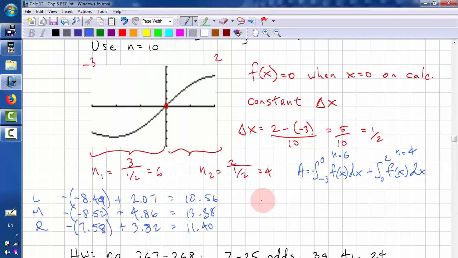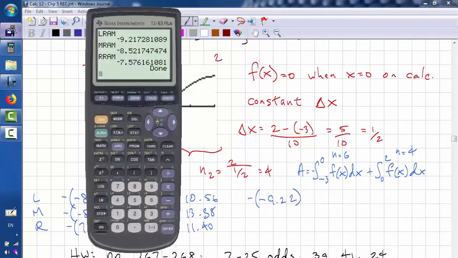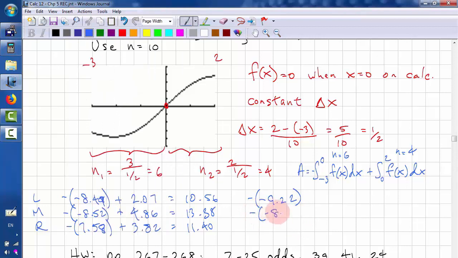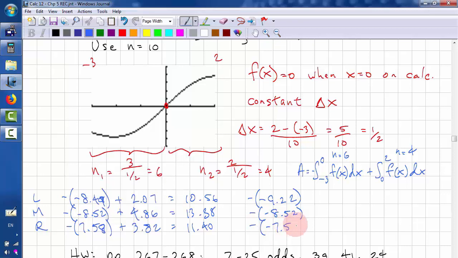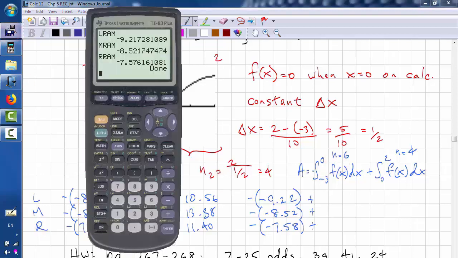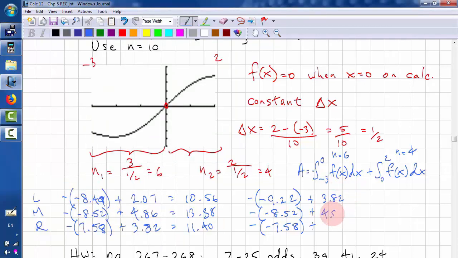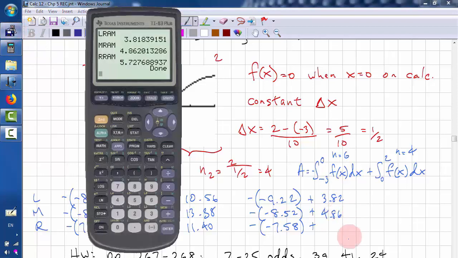Negative 9.22. Negative 8.52. Negative 7.58. 3.82, 4.86, 5.73.